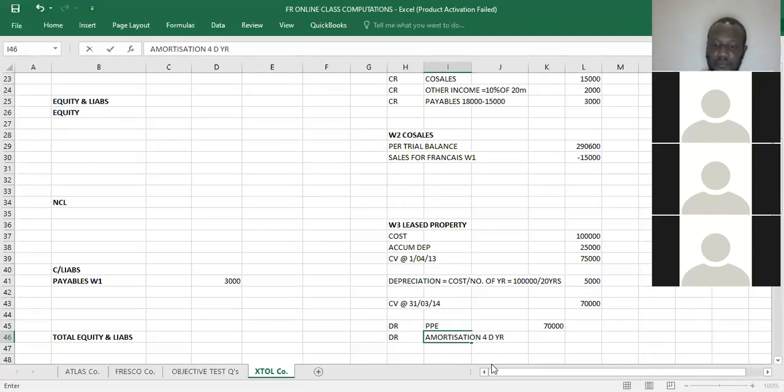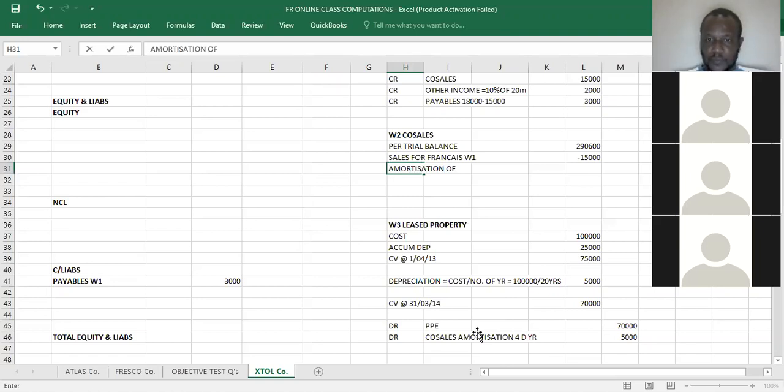Sales. So the cost of the year, not really proper to do that. Amortization.